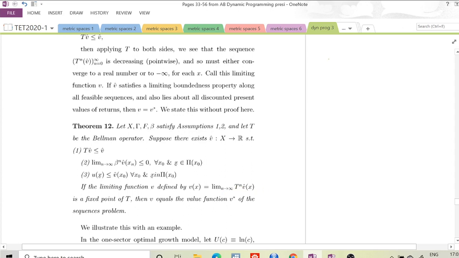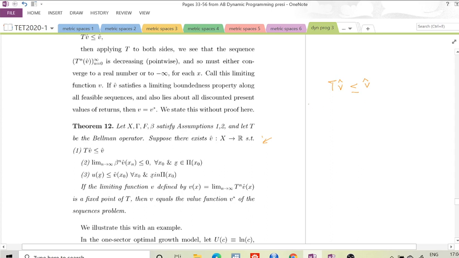So please notice that the Bellman map we've shown earlier satisfies monotonicity. So if there's a function v hat that satisfies assumption 1, then this is true, and then I can apply T to both sides again.